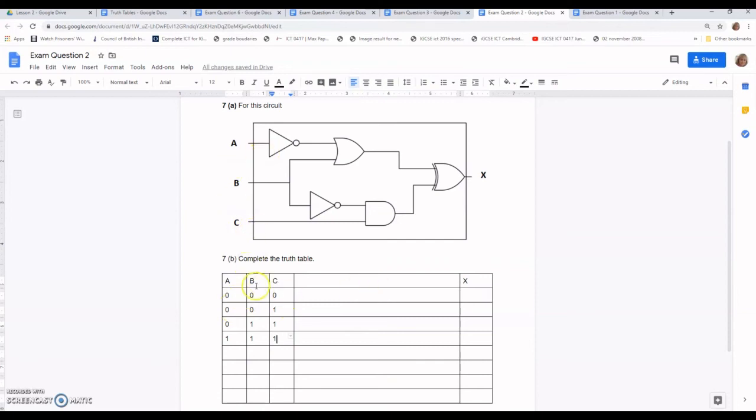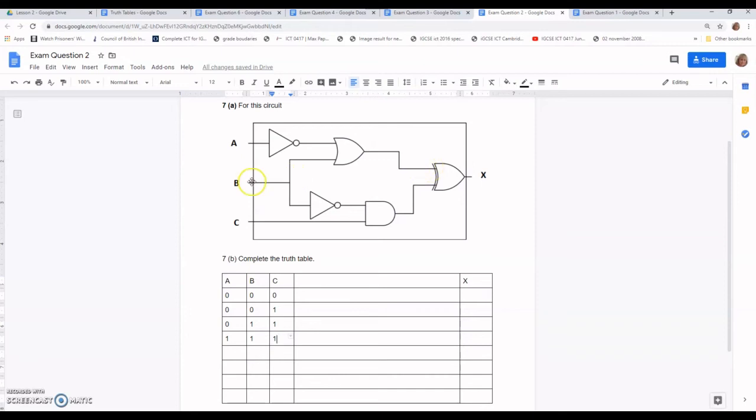So firstly, all of them are going to be 0. All of these are 0. Okay, so if this is 0, that's going to be an outcome of 1. So we've got 1 going in there. Okay, then if this is a 0, then that is going to be 0 and 1. Okay, and that's an OR gate, so that can still be 1. So we know 1 is going here.